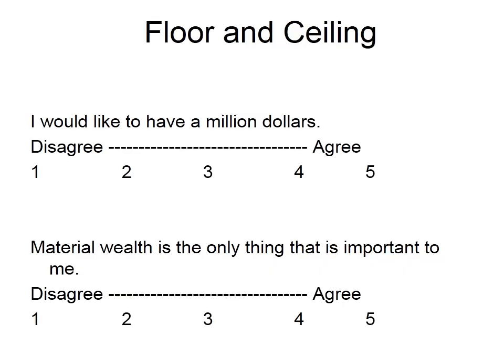We are worried about floor and ceiling effects. The end result for any of our questions is that we want to find variation between people's responses and be able to differentiate between people who have a lot of whatever construct we're measuring, a moderate amount, or a minor amount. So we want to ask questions in a way that gives us variability. If we ask, for example, "I would like to have $1 million" as a measurement of greed or the importance of money to someone, that's not a good question because pretty much everyone is going to agree with that item.